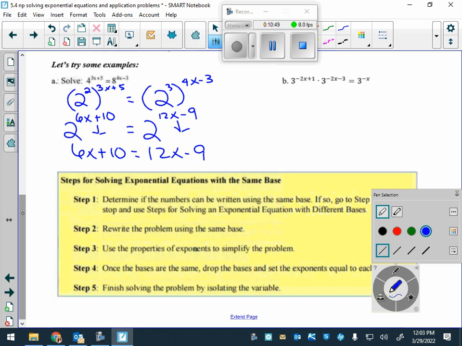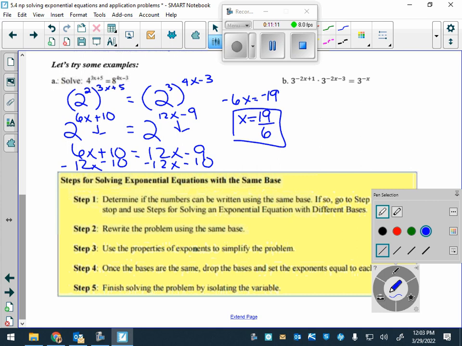Subtract 10, subtract 12x. We have negative 6x equals negative 19. x equals 19/6 as our answer. Okay, and that's all we're solving for.